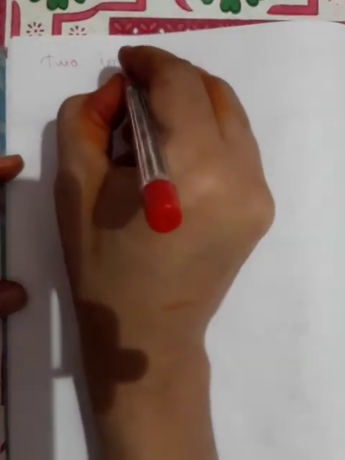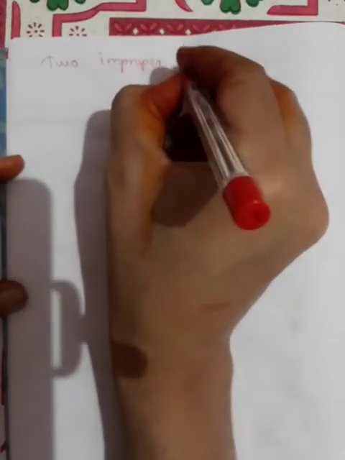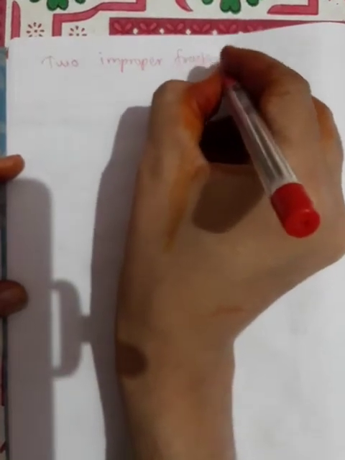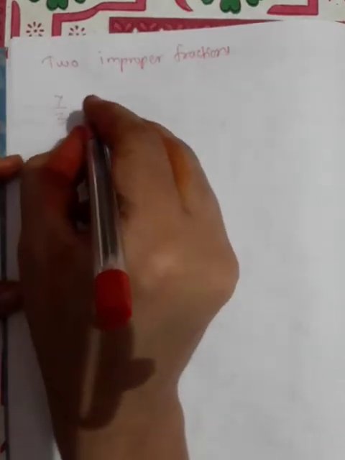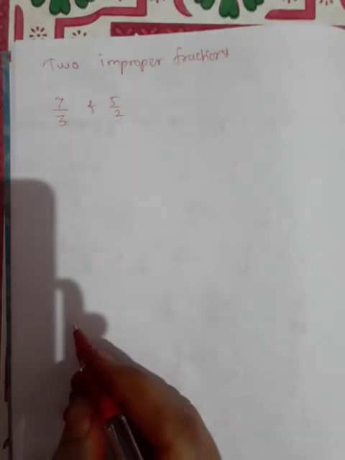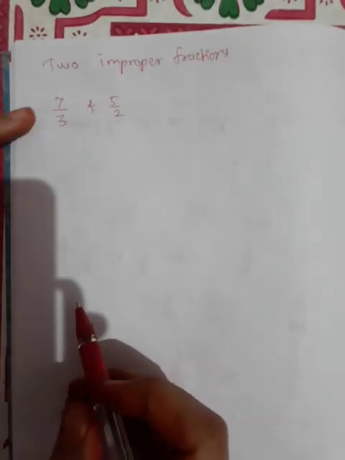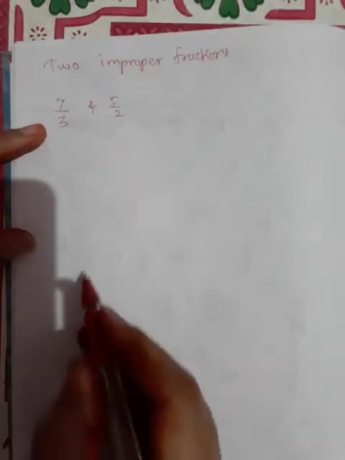Now see what happens when we multiply two improper fractions. So I take 7 by 3 and 5 by 2. These are improper fractions because the numerator is greater than the denominator.